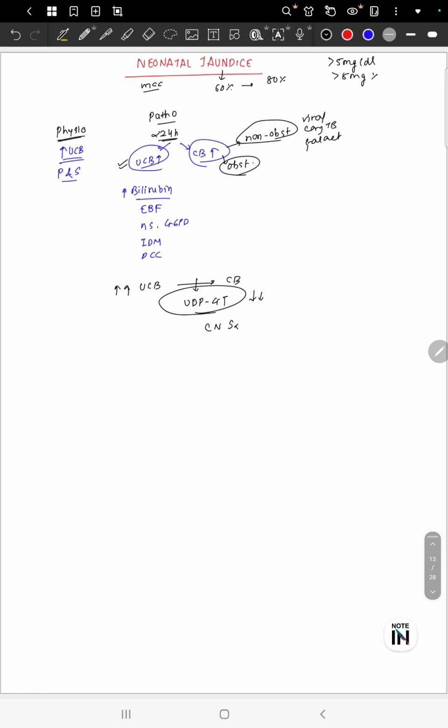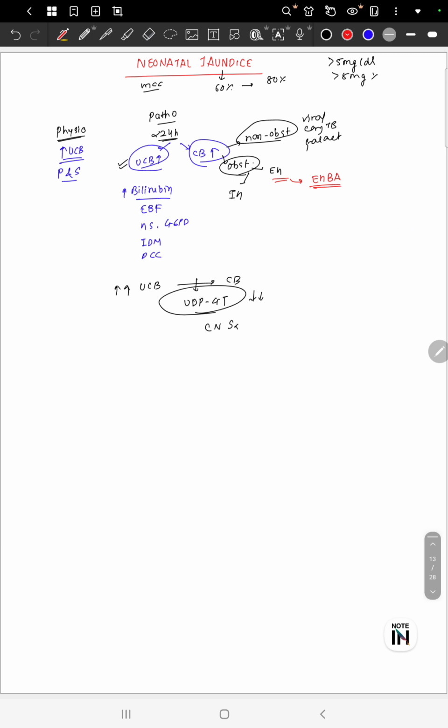They can be further divided, depending on whether the obstruction lies in the liver itself, that is intrahepatic, or outside the liver, that is extrahepatic. Whenever we talk about extrahepatic, the most important thing to understand is that extrahepatic biliary atresia, EHBA, is the most common cause of liver transplant in newborns.